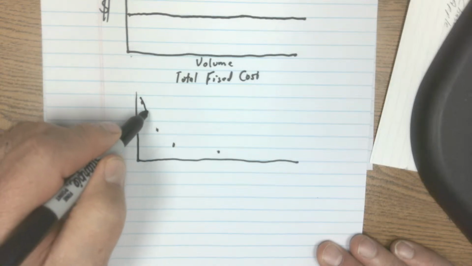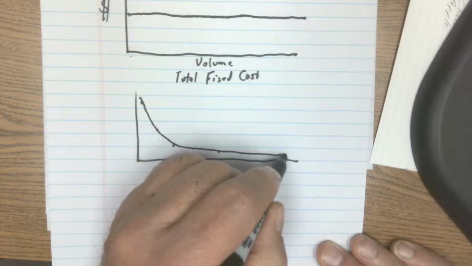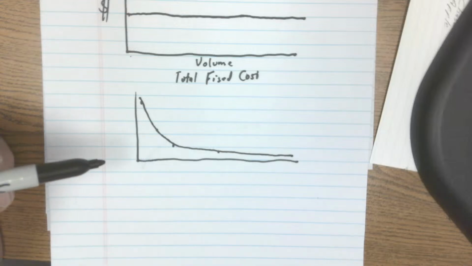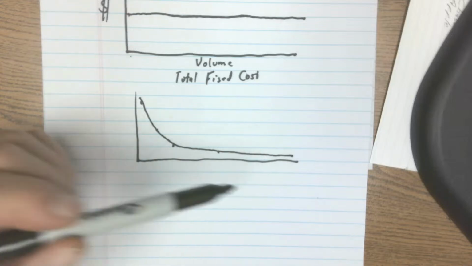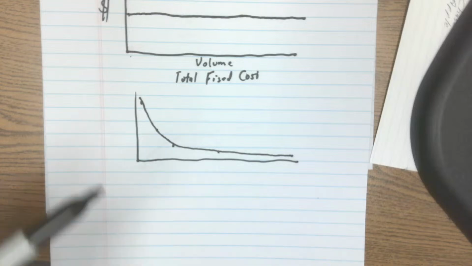And so we get a function that gets closer and closer and closer to zero. And this, by the way, is where we get so many of our cost efficiencies. If we can have fixed costs, and we can increase our production with those same fixed costs, then the fixed cost per unit decreases.